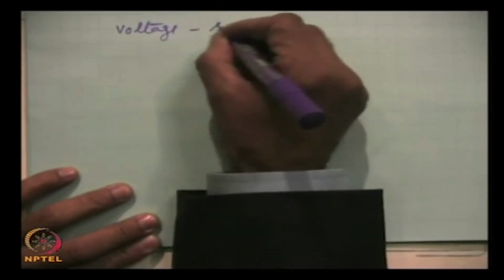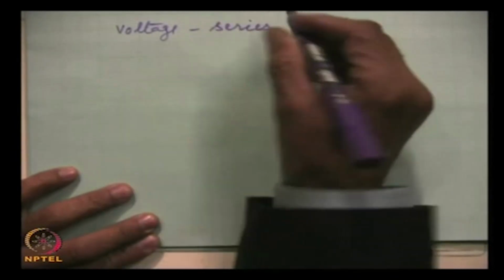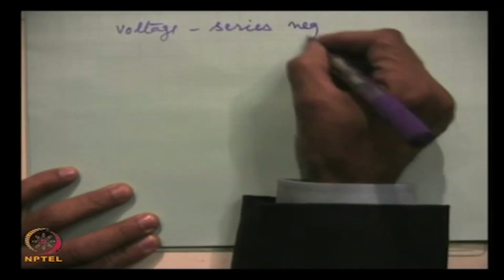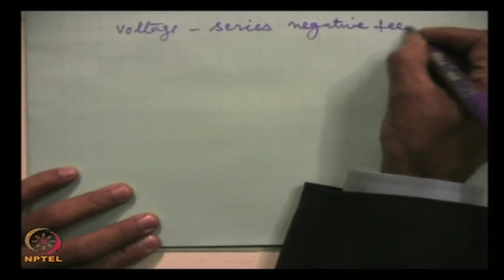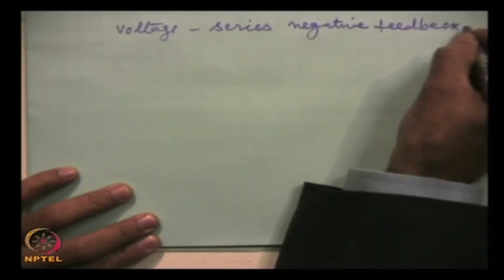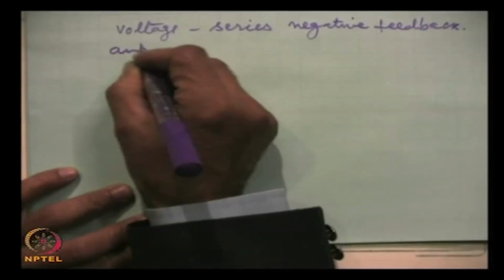So all the 4 analyses are not required to be taken, but as an example I take only one, that is the voltage series negative feedback amplifier.